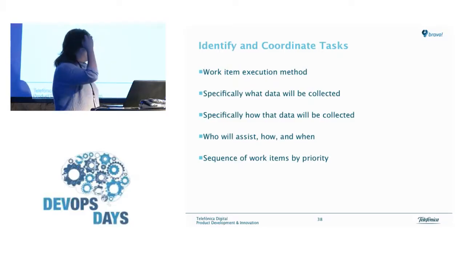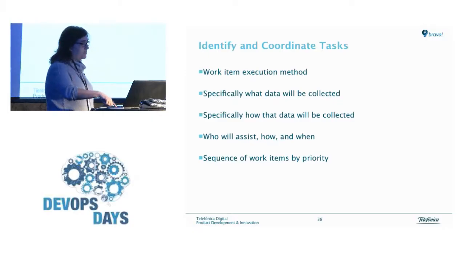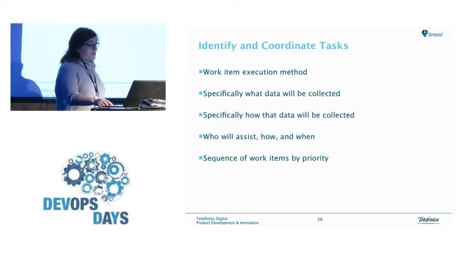For example, you have an application that uses cache, and you are requiring CPU metrics when you should be collecting memory usage. Okay, so you have to ask the proper person which resources this component of the application is using. So you have to know who will assist, how, and when, okay, because everyone has his tasks, and you have one common goal that is performance.